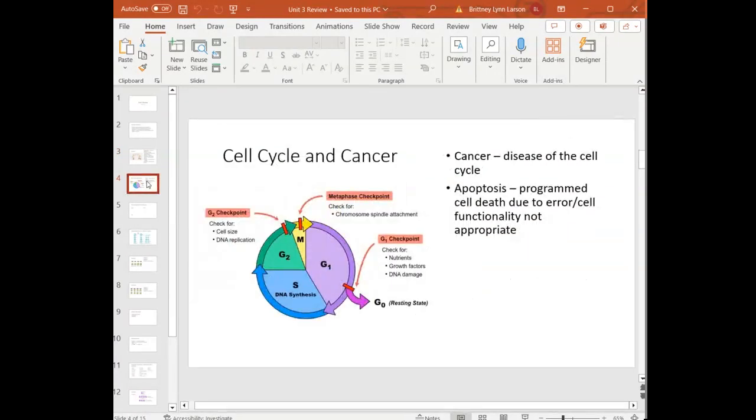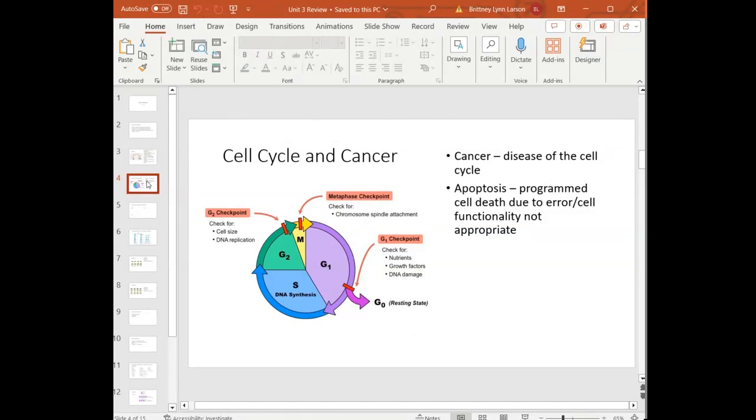And then I did want to talk briefly about the cell cycle and what happens in the cell cycle checkpoints and the different stages. So the cell is in interphase for about 90% of its life. Interphase is often mistaken as the cell resting, absolutely not resting.